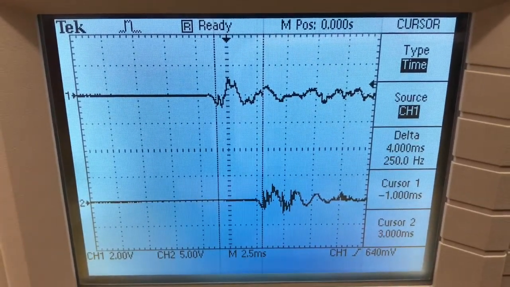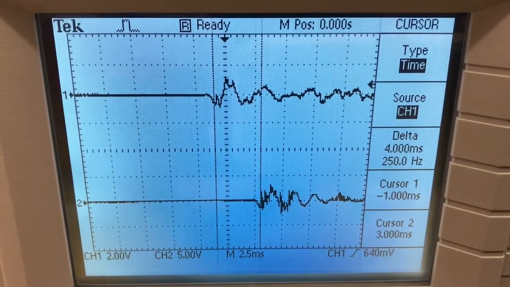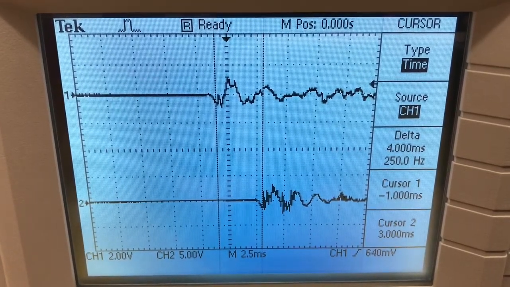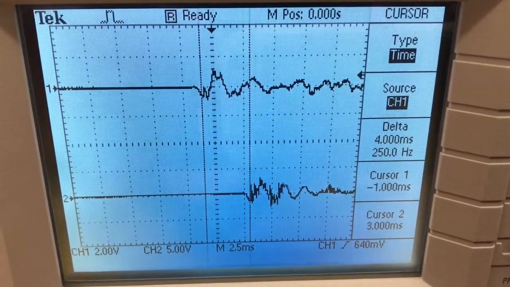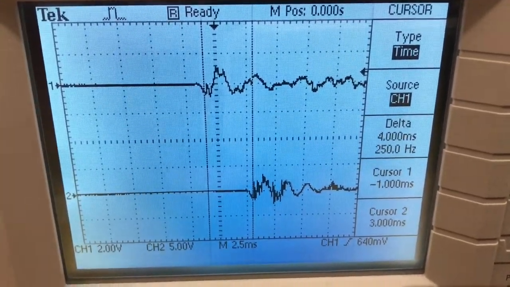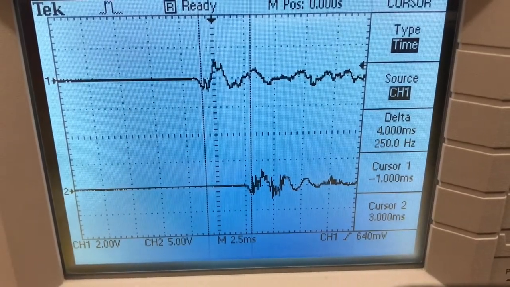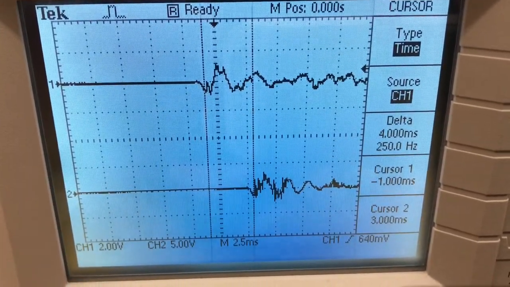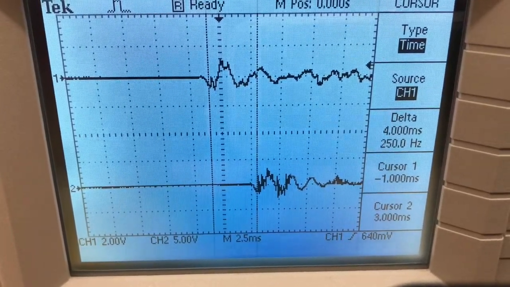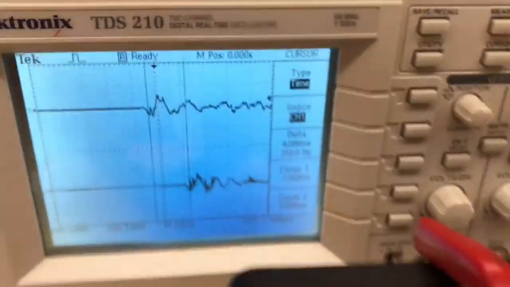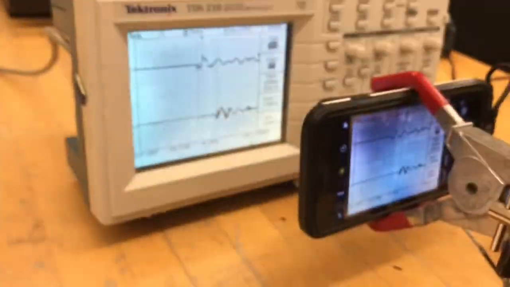So that was pretty close to my quick estimate of 3.75 milliseconds, but using the cursors is a more careful way to compare the time offset between those, as long as we use features that we're pretty convinced match up. So what I'm going to do next is run the experiment a few times, get some delta x's. I'll take pictures of the oscilloscope so that we can get some delta t's, and then we'll have some data to work with.